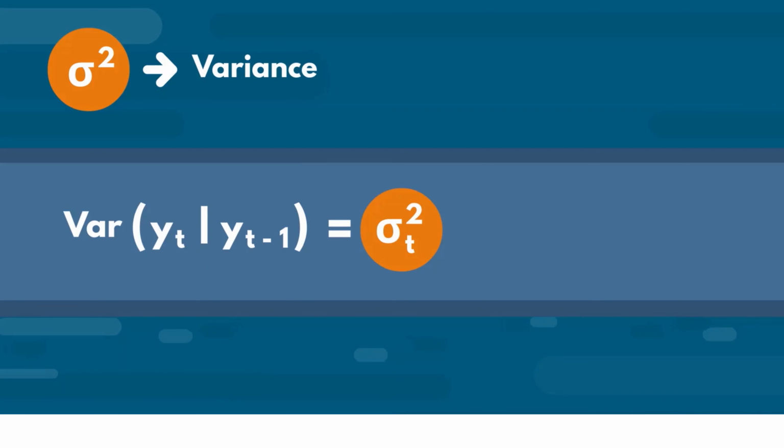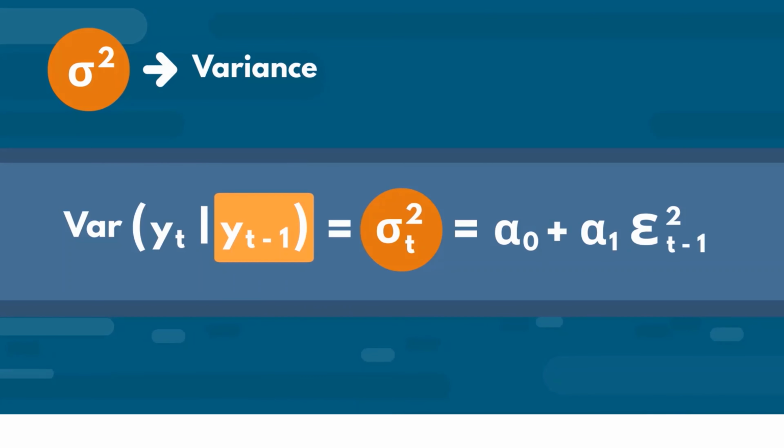Hence, we write sigma squared t equals alpha null plus alpha 1 times epsilon in period t minus 1 squared. This way, we lose the clearly defined conditional aspect of the model. However, we can easily determine its order by counting the number of past residuals we're incorporating, which is 1 in this case.